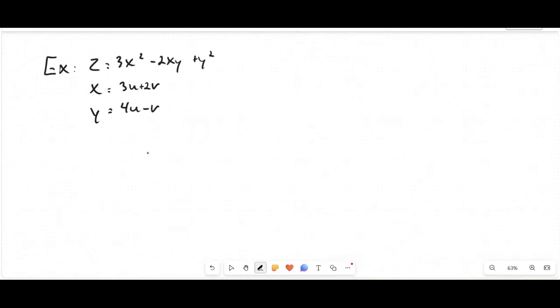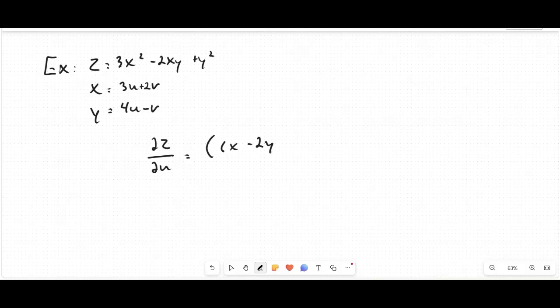So here's just the mathematics, no fluff. Partial z, partial u is differentiate z with respect to x, 6x minus 2y, and then differentiate x with respect to u, that's just 3.